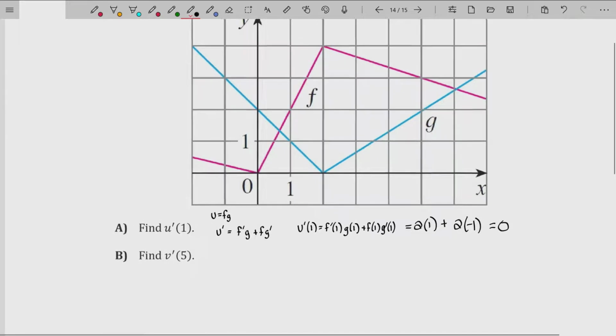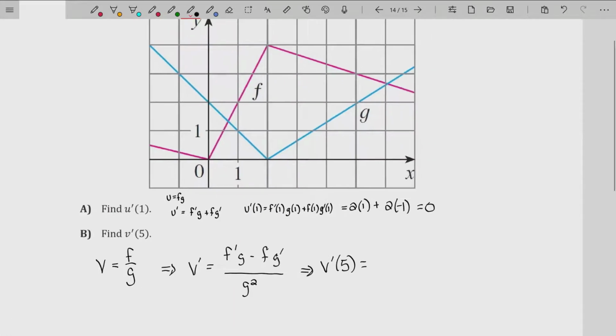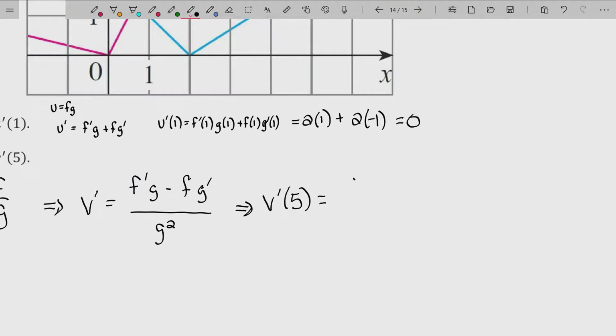Now that we have that done, let's focus on v prime at 5. Well, maybe I should start with v. V was told to us to be f over g, which implies v prime is equal to f prime g minus f g prime all over g squared, which will imply that when we want to evaluate v prime at 5, we just need to plug 5 into all these values.